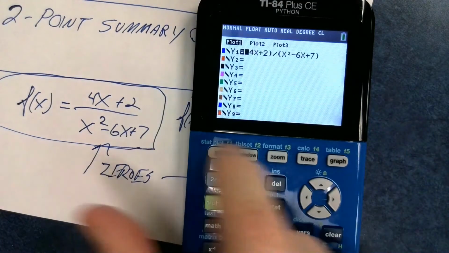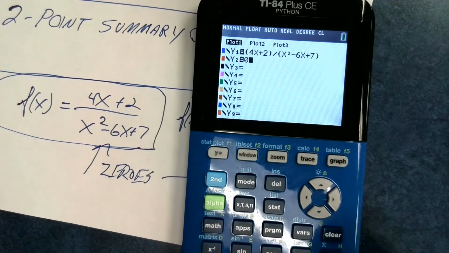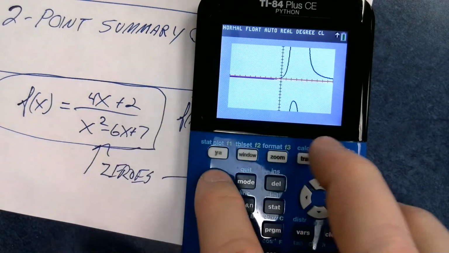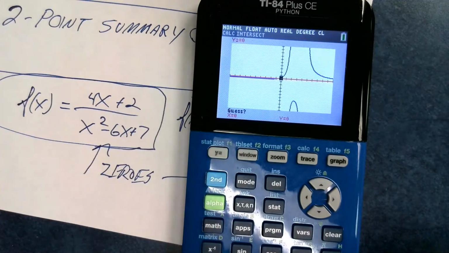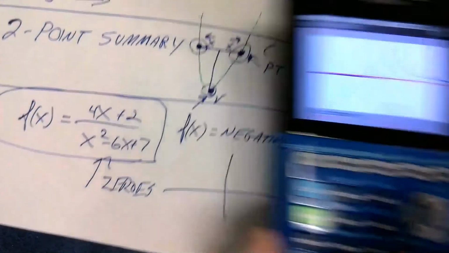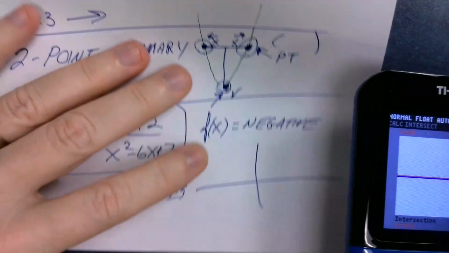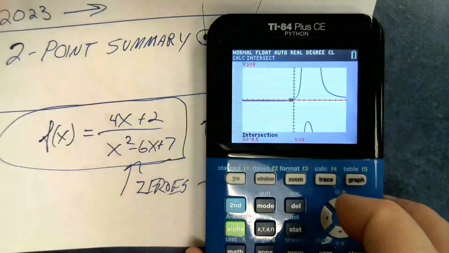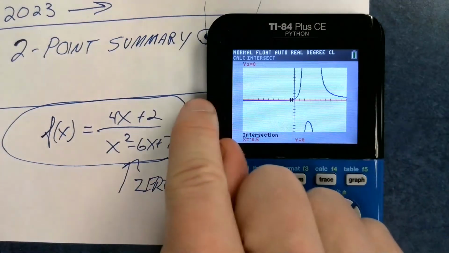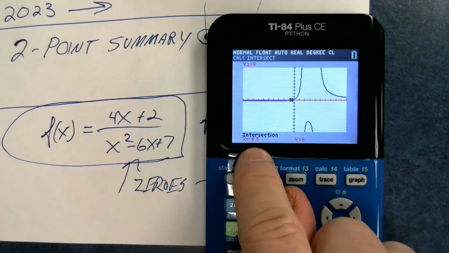So I could go y equals 0, then hit graph, and find the intersection. Second trace, number 5, enter, enter, enter. And I know that it's negative, which just means it's below the x-axis, from negative infinity to negative 0.5.